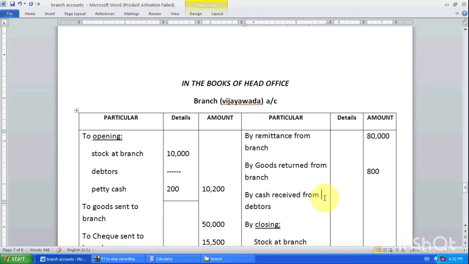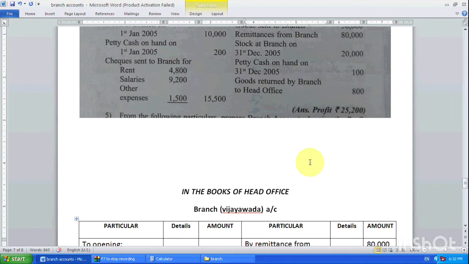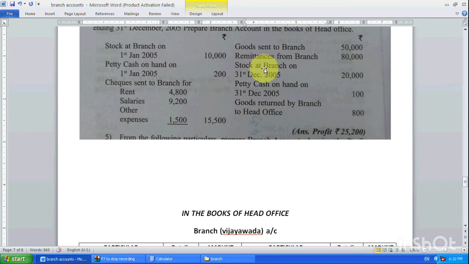Cash received from debtors is not given, so we can remove this entry, no problem. Since cash receipt is not given, directly go to the closing entries.